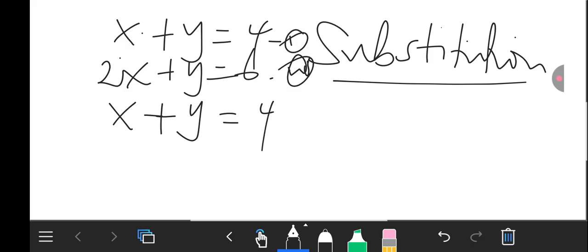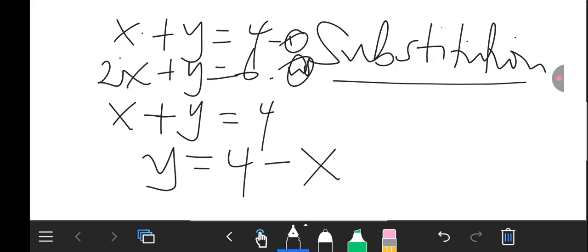Then you make a variable the subject of the formula. You can make either y or x. Let's make y the subject, so y is equal to 4. To make the subject of the formula is just to make a variable independent, or by itself. There's a video on subject of the formula on our channel, you can just search for it, and you'll be able to find everything you need to know about it, so you'll be able to grasp the concept and you won't struggle.